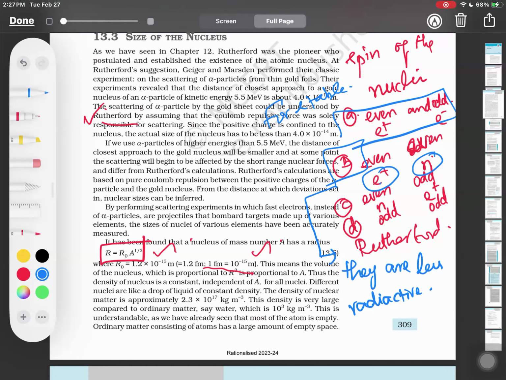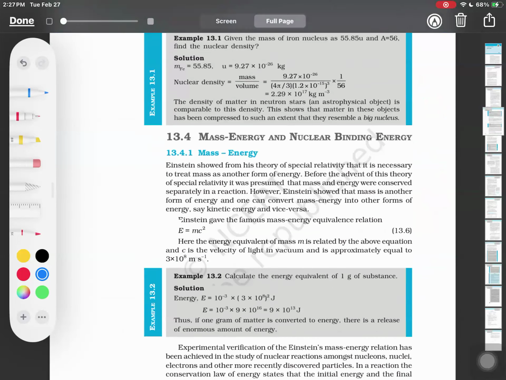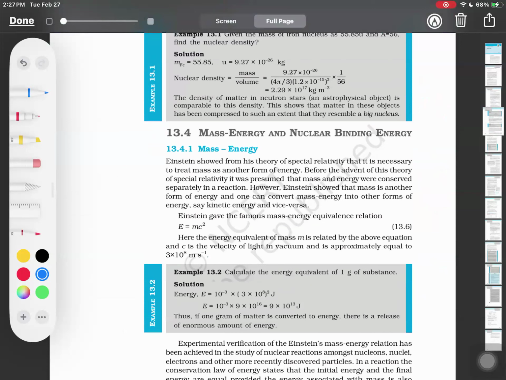Definitely. Okay. Then a nucleus at rest splits into two nuclear parts. This is one question. A nucleus at rest splits into two nuclear parts having radii in the ratio 1:3. The ratio of their velocities is asked. The radii are given in the ratio like this, velocities are asked.